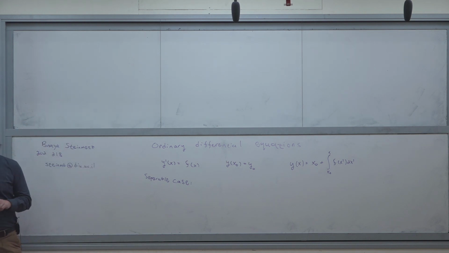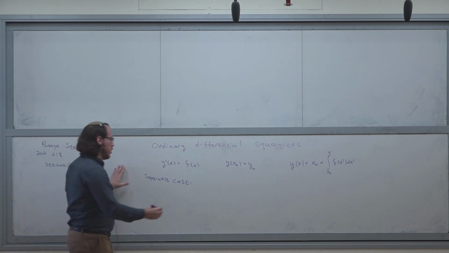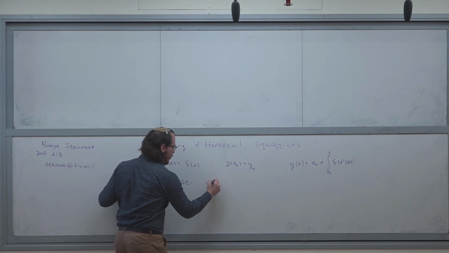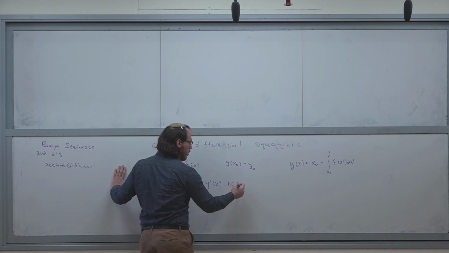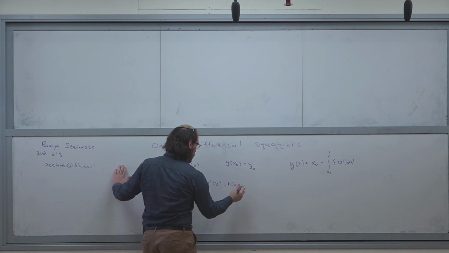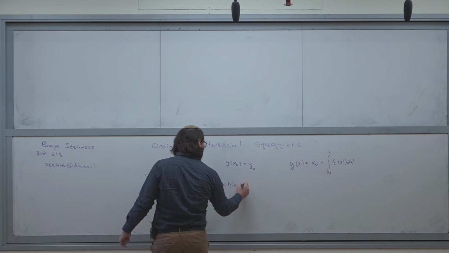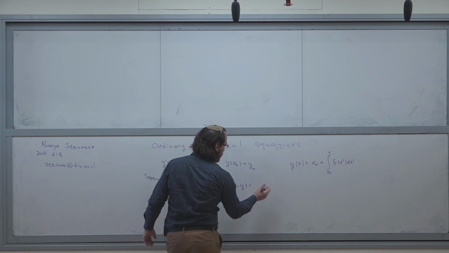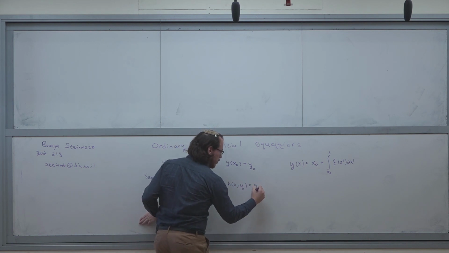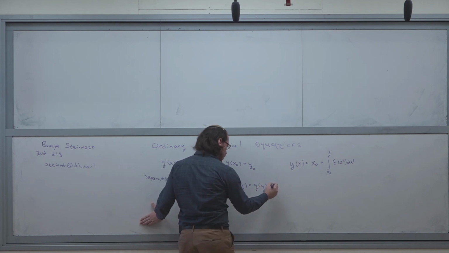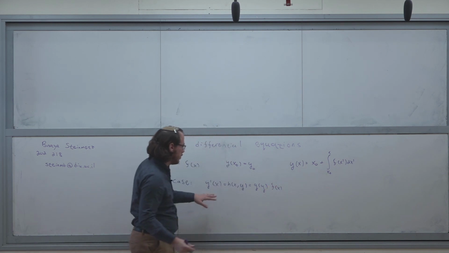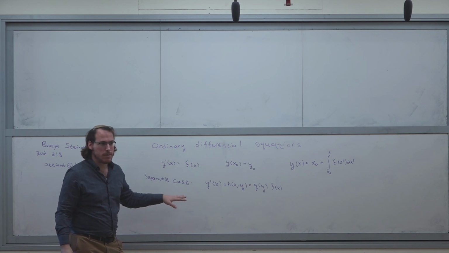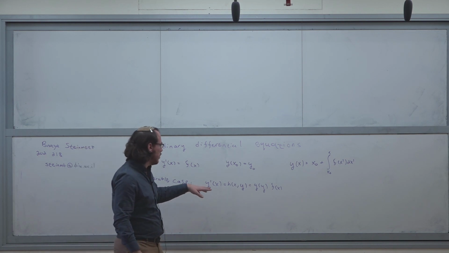It's when we have y prime equal to some function, but we can separate it into two functions. One depends only on y, and the other depends only on x. Right? Yes? Y sub 0?